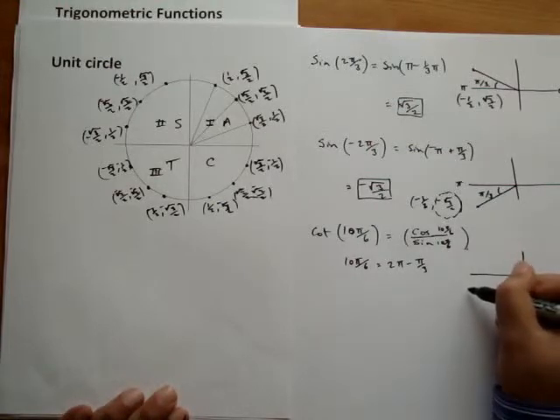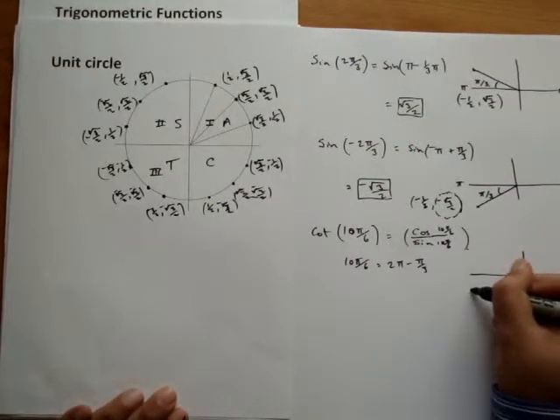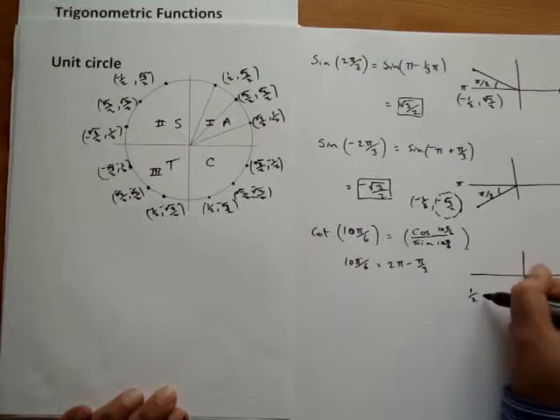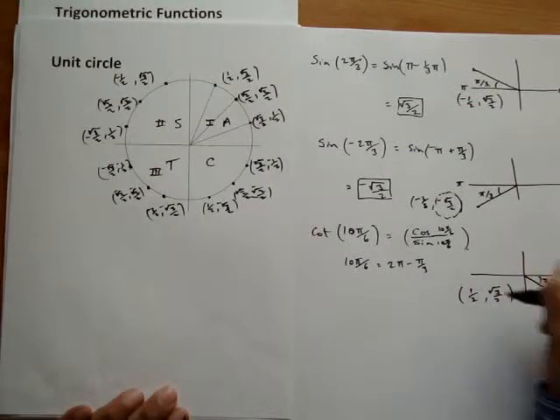X and y values are a half and square root of 3 over 2. Because we're in the fourth quadrant, this would be a minus.